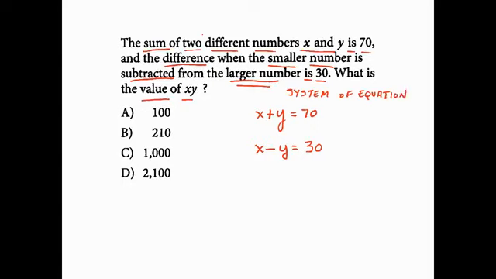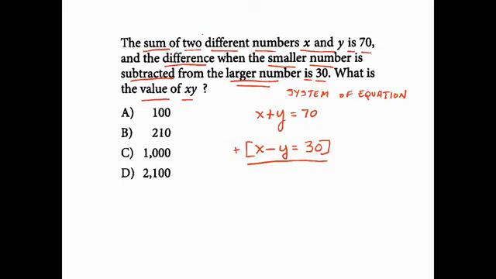For a system of equations, I generally want to eliminate one of these variables and solve for the other one. I can usually use the process of elimination or substitution. In this case, I'm going to do elimination because I can quickly see if I add or combine these two equations together, I'll be able to quickly eliminate the y's.